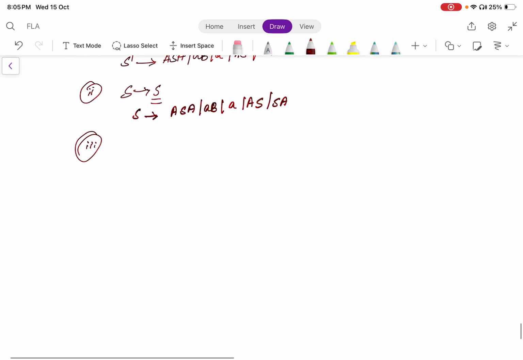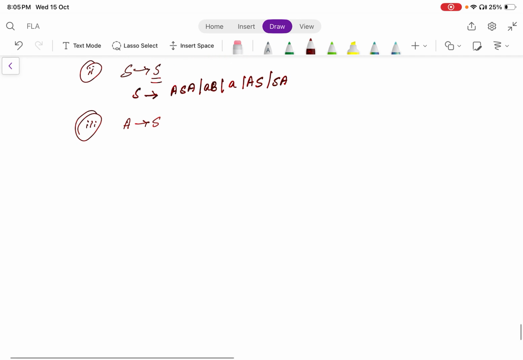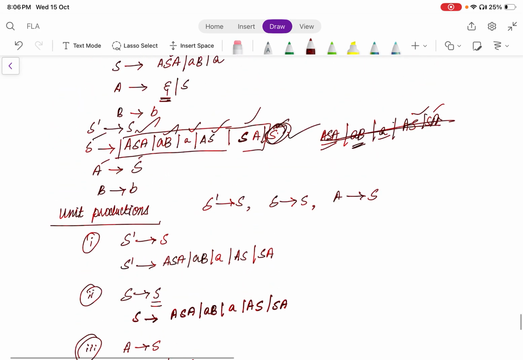Okay, what is the other unit production? A tends to S. Now you substitute the value of S here. A tends to, what is the production of S? ASA. Okay, first value of A is what? B, right?